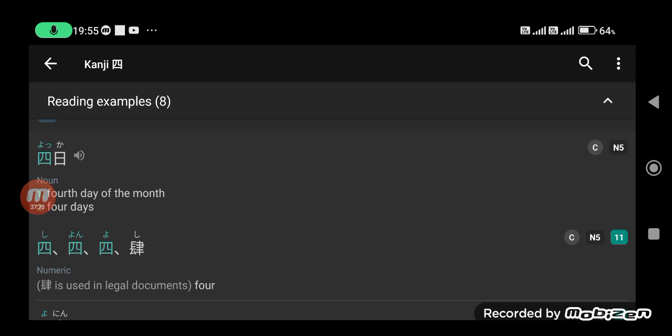You omit the tsu, but the tsu functions as a consonant doubler. So yo plus ka, yoka. Notice that I place some stress on the ka, yoka. So that's fourth day. That's the effect of tsu, the repercussion of placing a tsu on the left part of an adjacent kanji. Okay.